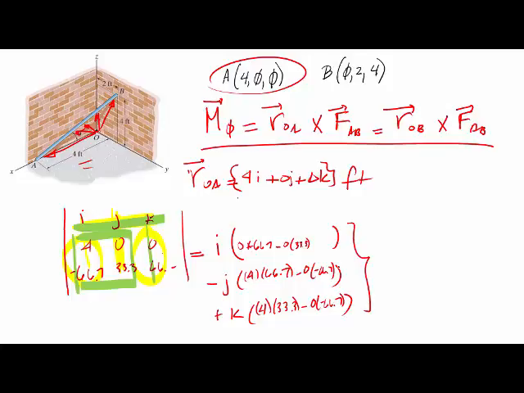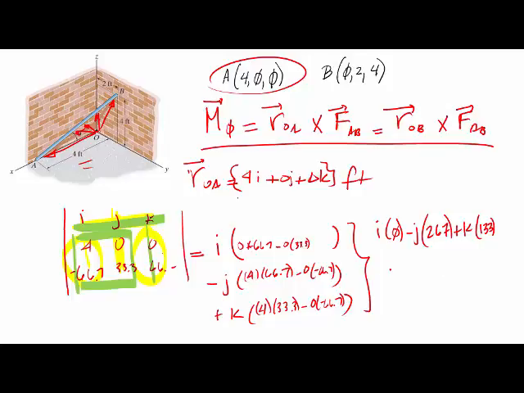So what is this equal to? So it would be what? I times 0 minus J, and what would that be? How much? Negative 267. 267 plus K, and it would be what? 133.